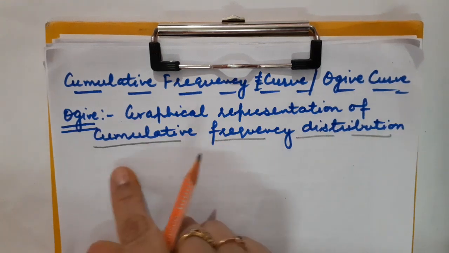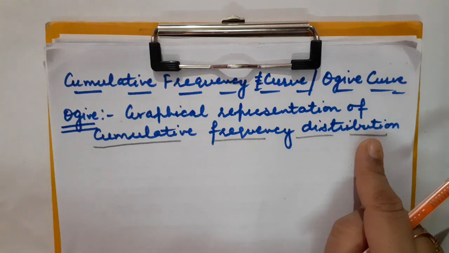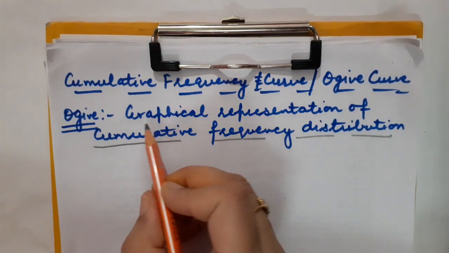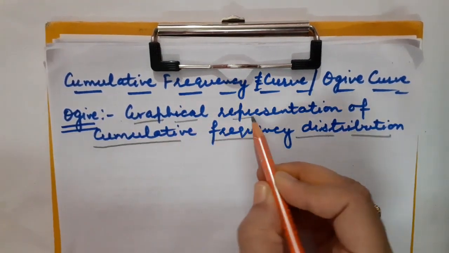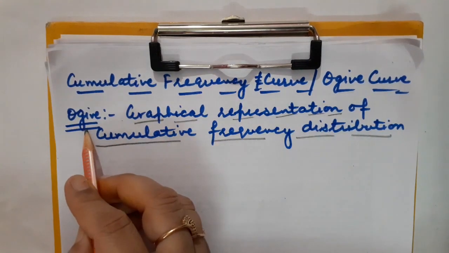So whenever we draw a cumulative frequency distribution table using either less than type or more than type, then the graphical representation we make of that data is known as an ogive.